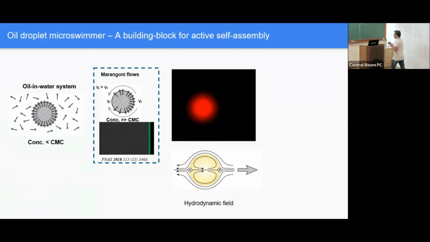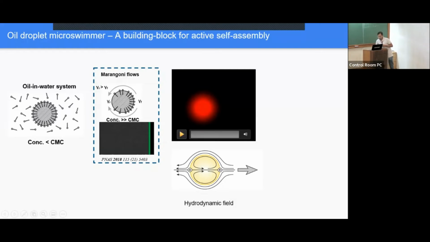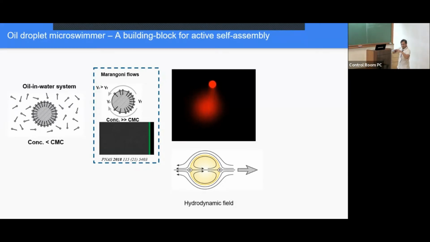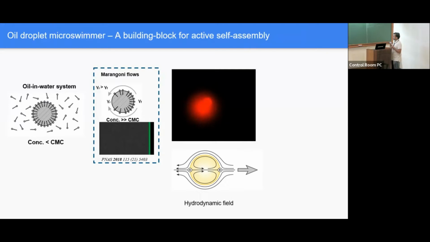So to visualize this whole process, I'm going to show you a video. Here we use oil soluble dye, and initially it creates a cloud of filled micelles. Once it breaks the symmetry, it starts propelling and generates a trail of filled micelles.